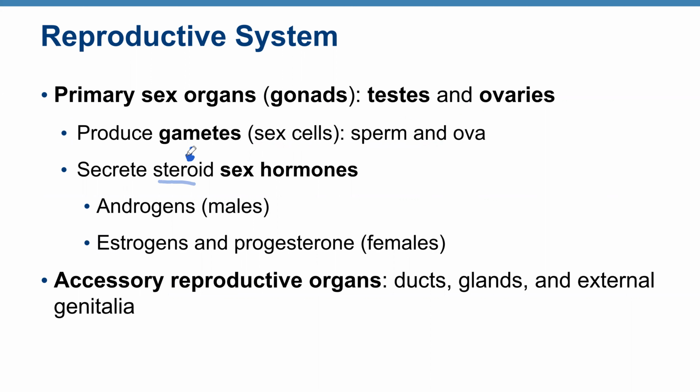Steroid means lipid-soluble sex hormones: androgens for males, testosterone is an example, and estrogen and progesterone for females. And then accessory organs. So we're talking about the organs of the reproductive system, primary organs and accessory organs. Accessory reproductive organs include ducts, glands, and external genitalia. And this is for both male and female.